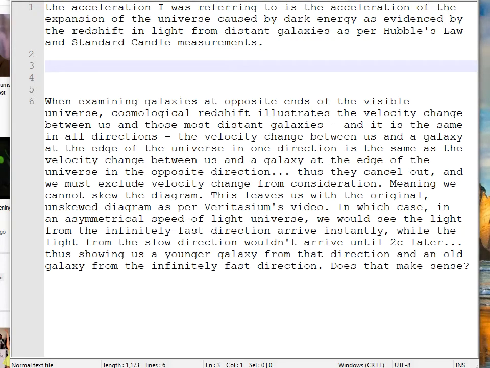Okay, so Dale Darling continues, when examining galaxies at opposite ends of the visible universe, cosmological redshift illustrates the velocity change between us and those most distant galaxies, and it is the same in all directions. The velocity change between us and a galaxy at the edge of the universe in one direction is the same as the velocity change between us and a galaxy at the edge of the universe in the opposite direction.